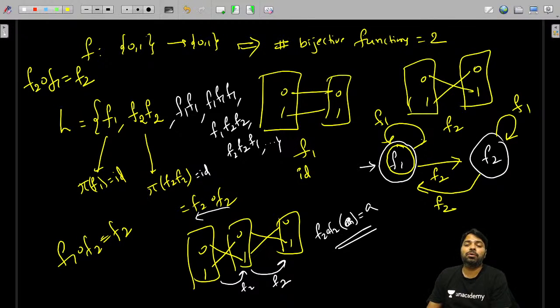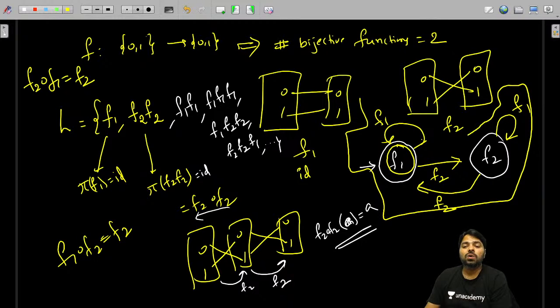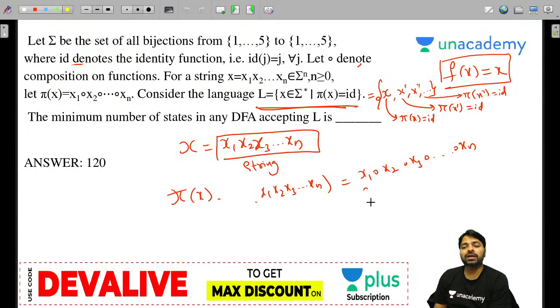And this is a DFA with 2 states. Why 2 states? Because there are two bijective functions. Here we have 5 factorial, 120 bijective functions.